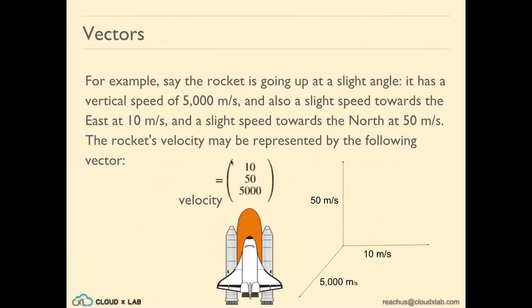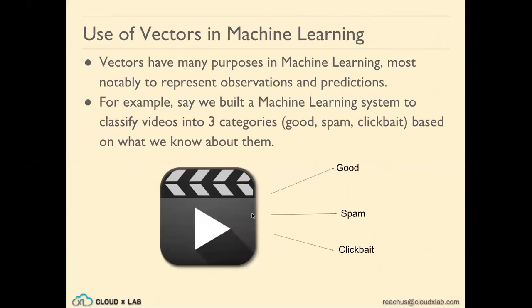That's how we use the vector. A vector is nothing but a list of scalars, and that's what our array was, a list of normal values. Similarly, the other use of the NumPy array is to define vectors in machine learning. Vectors have many purposes in machine learning, most notably to represent observations and predictions.